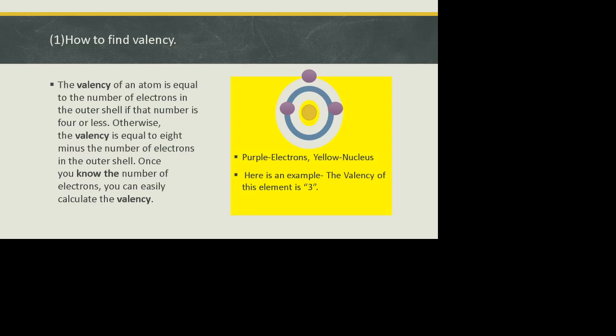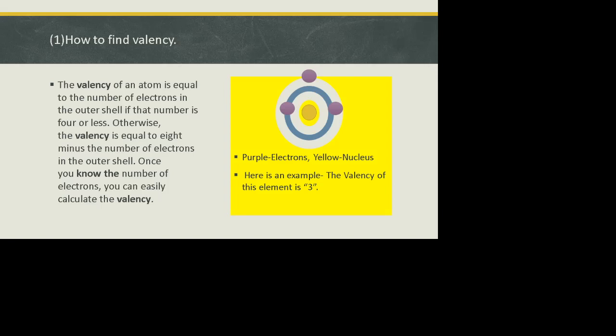That's why there will be 7 electrons, meaning 8 plus 2 is 10, and 7 makes 17. So K has 2, L has 8, and M has 7. It means that for a chemical reaction this chlorine needs 1 electron from another element. If it takes 1, this shell is fulfilled with 8. So it takes 1 electron from another element in a chemical reaction. That's why the valency of chlorine is 1.